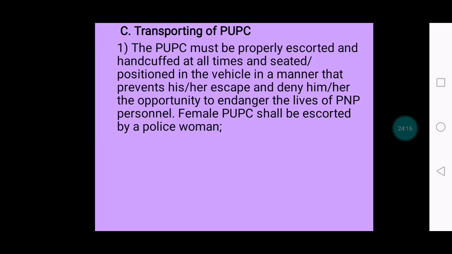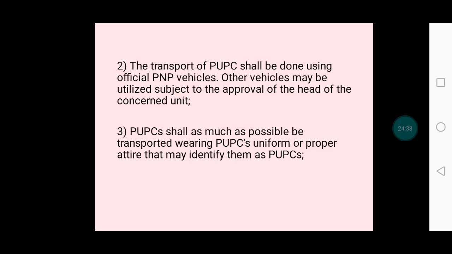The PUPC must be properly escorted and handcuffed at all times and seated in the vehicle in a manner that prevents his/her escape and denies him or her the opportunity to endanger the lives of PNP personnel. Female PUPC shall be escorted by a policewoman.